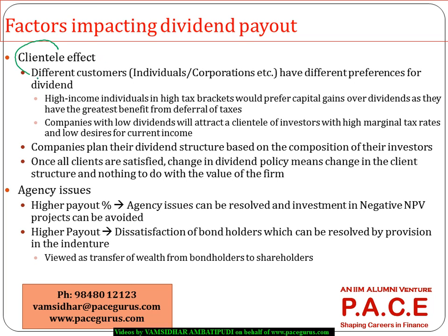One, if I look at it from the client's perspective, different clients have different preferences for dividend. Why? Probably a very high income individual is already in the high tax bracket. So if dividend is coming to him in large volumes every year, that dividend is also taxed at a very high tax rate.